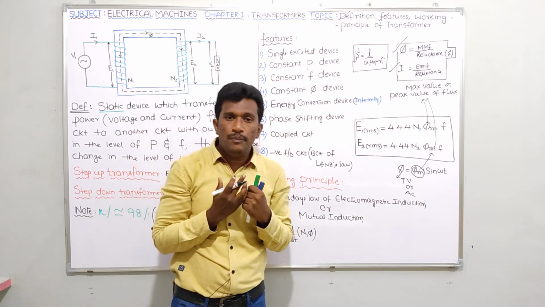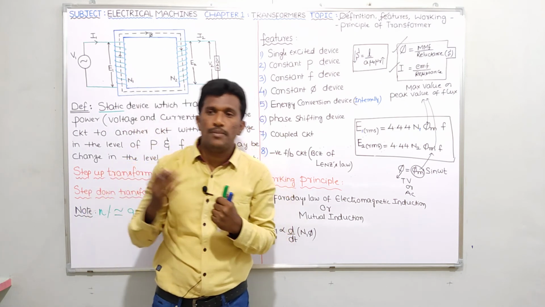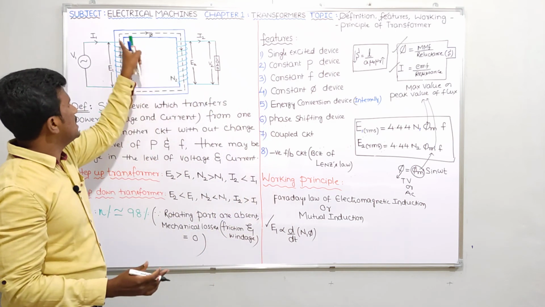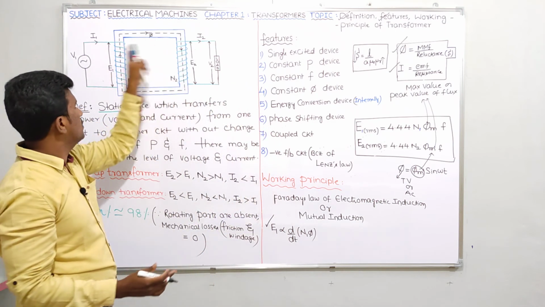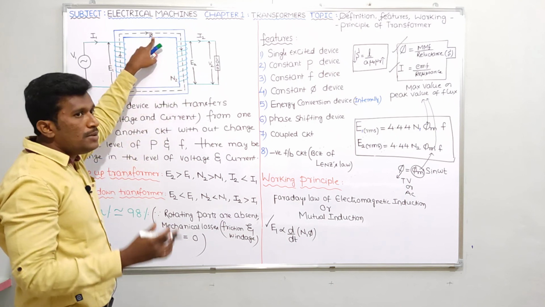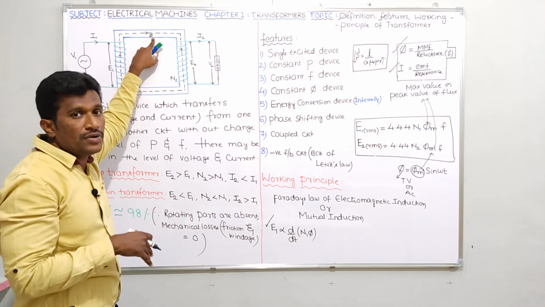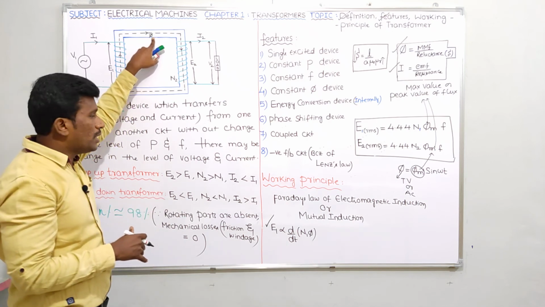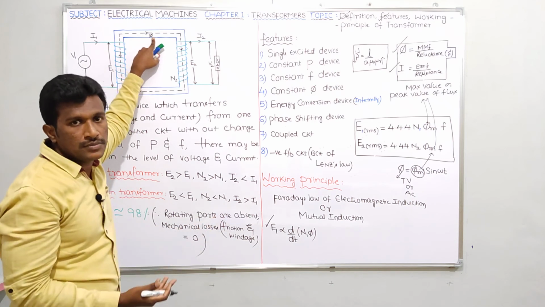Permeability means what? The ability to allow flux from primary side to secondary side. So from here to here flux has to pass, no? It has to pass from primary winding to secondary winding. Therefore, permeability should be more or less for a transformer? Permeability always should be more.